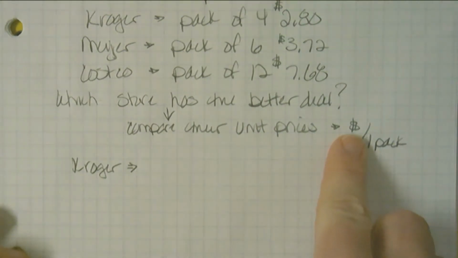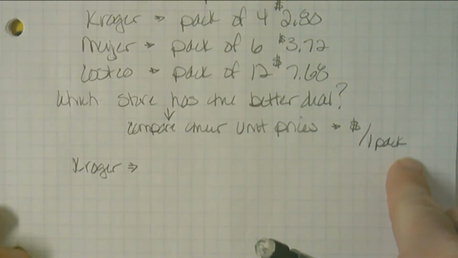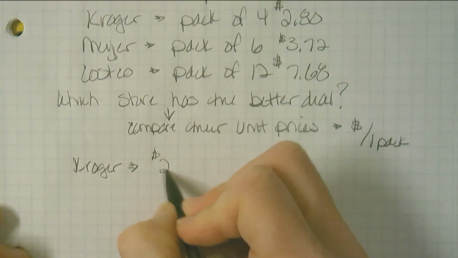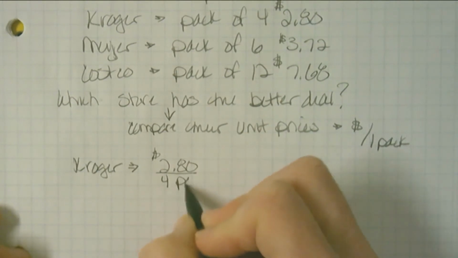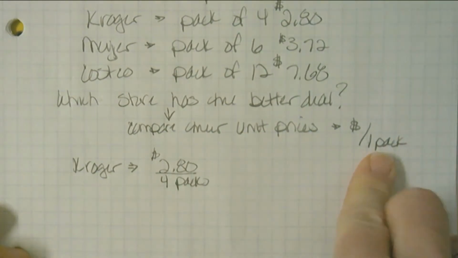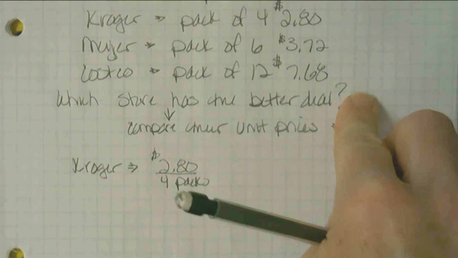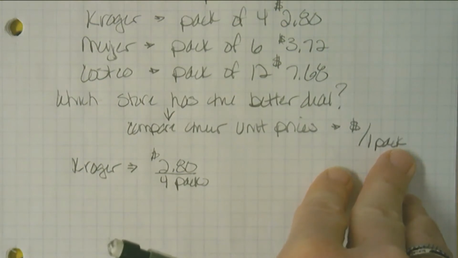I want, when I'm done, I want cost per pack. So $2.80 over 4 packs. So think about the format in which you need your unit rate. Cost, money in the numerator, per 1 pack, number of packs in my denominator.